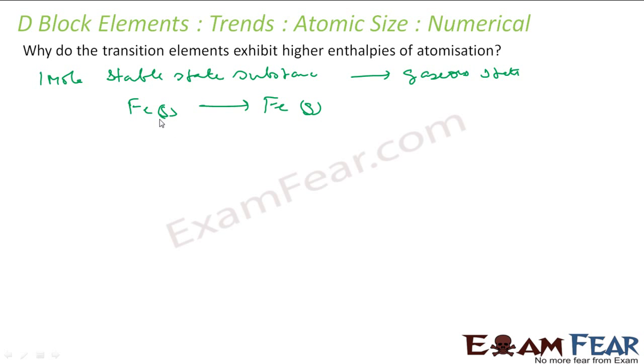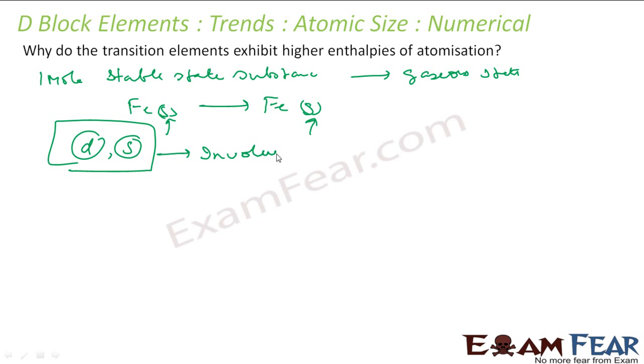Now, to convert solid to gas, you need to break all these metallic bonds. The solid transition metals are hard. Why? Because they are held together by strong metallic bonds. And we have seen that both d and s orbital electrons are involved in metallic bond formation, correct?